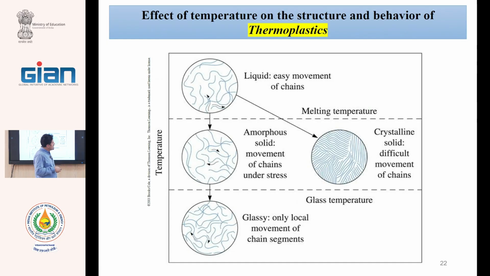We have a Tg, the glass temperature, and the melting temperature. When we have a glassy polymer, it is rigid. But when we heat it to a certain temperature, it will be flexible, not melt.